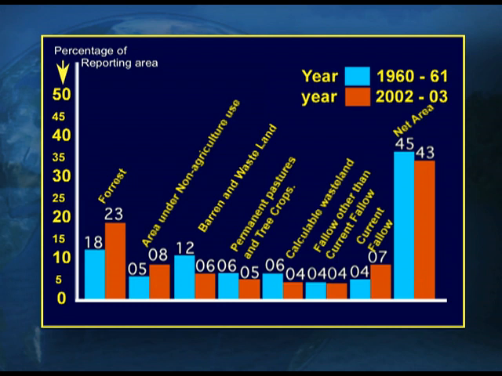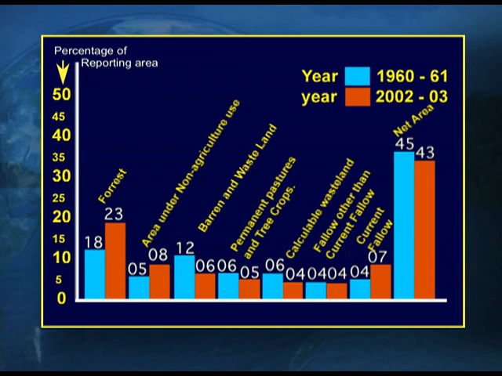This visual shows the changes in the land use categories in India for the years 1960-61 and 2002-03. So this is a multiple bar diagram showing the two different years under the different categories. On the visual you can see that the forest land has increased over these 40 to 42 years.